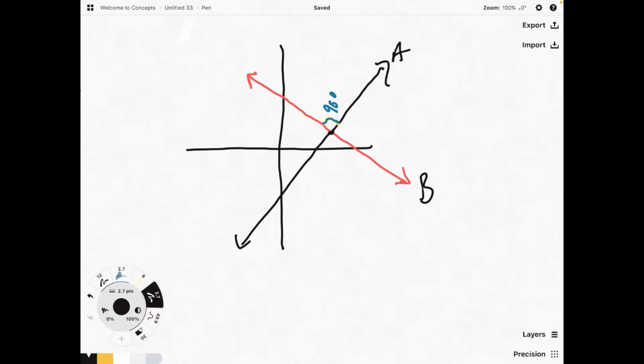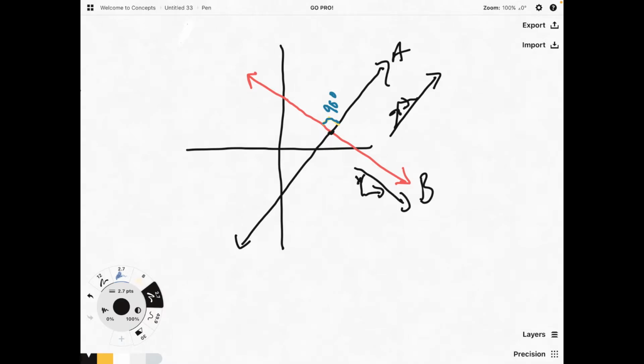Looking at the graph, we understand that the slope of one line is going up and over, which makes it go this way. And we see that the slope of the second line is actually going down and over, and it is going this way.